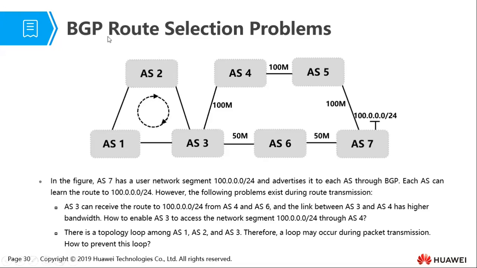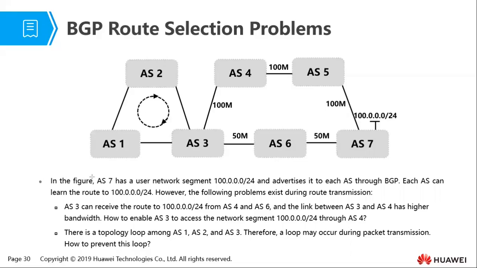Now, the main purpose of the BGP attributes is to control the routes that are selected and to also help to select the optimal route. And as you're also going to see, it can also help in preventing routing loops. Okay, so let's go through this scenario.